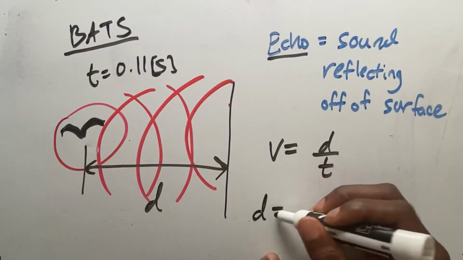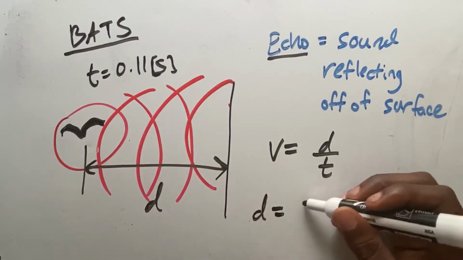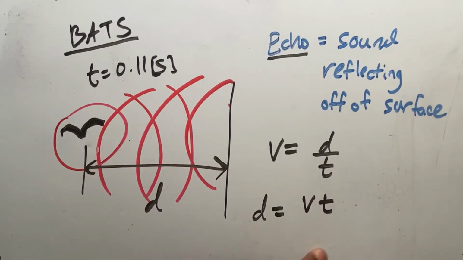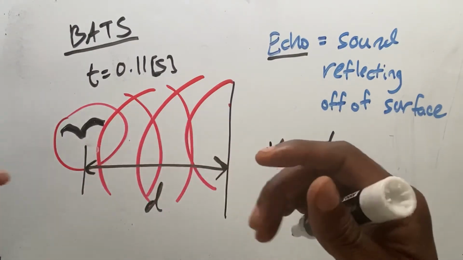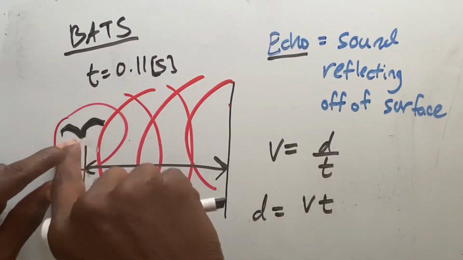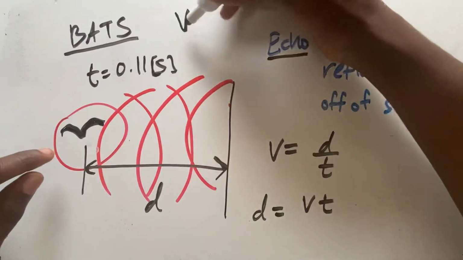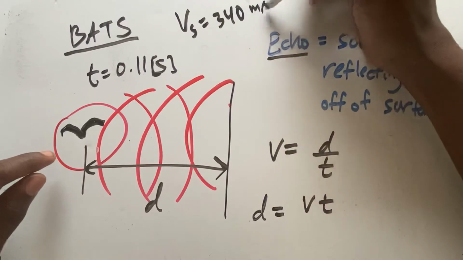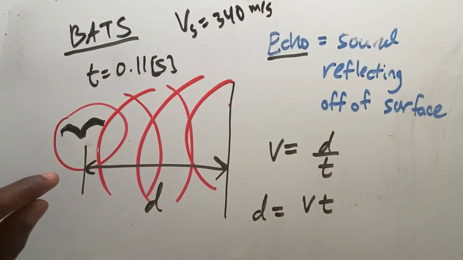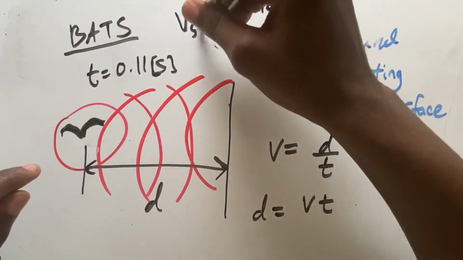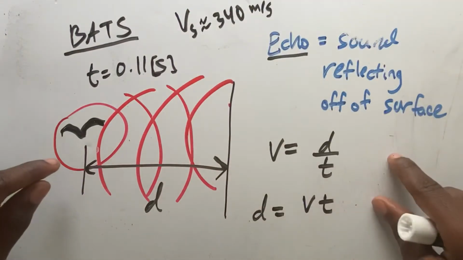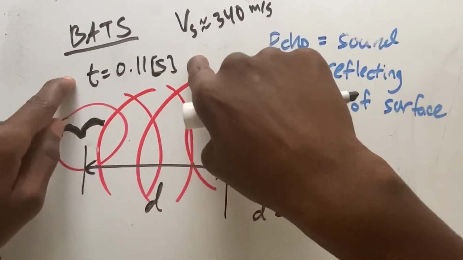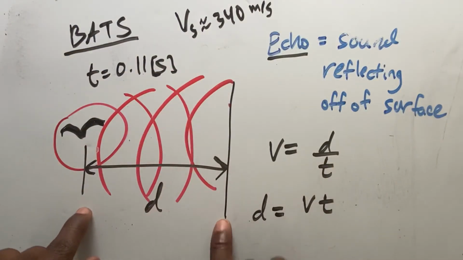The distance traveled is going to be equal to the velocity times the time. Since this bat is in air, the sound he emits travels at the speed of sound, roughly about 340, an estimate. So now we know the speed, we know the time, and we just want to know this distance. Okay, cool.